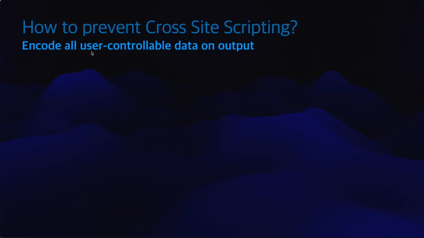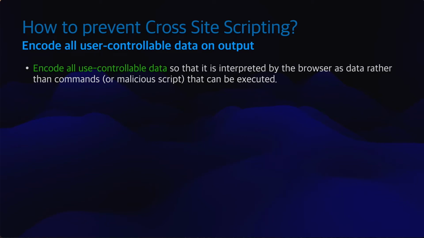You should encode all user controllable data on output. So what this means is, the browser usually takes two kinds of inputs from the response that is sent. It could be either data or it could be commands. The commands can also be malicious script that may have been added to the response.